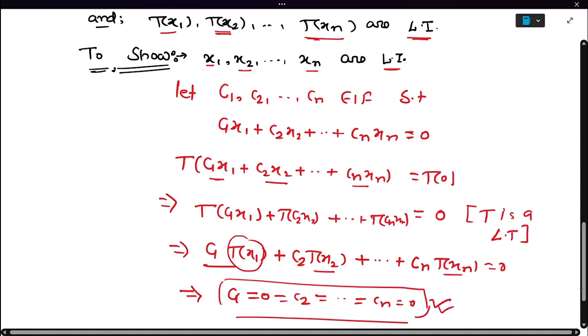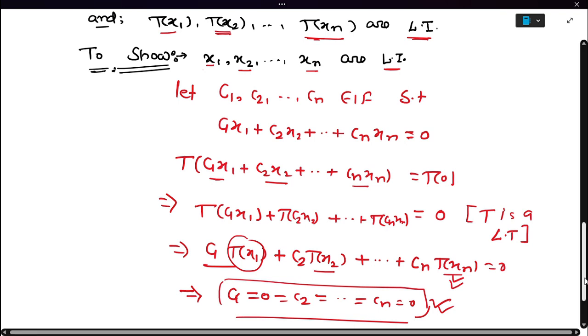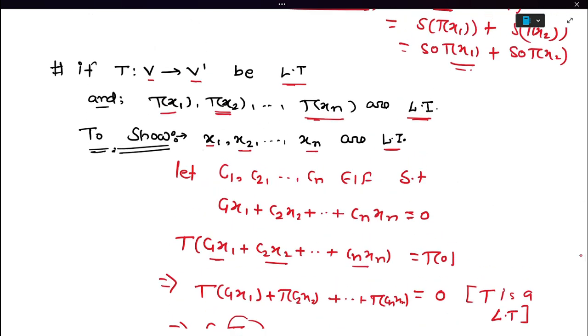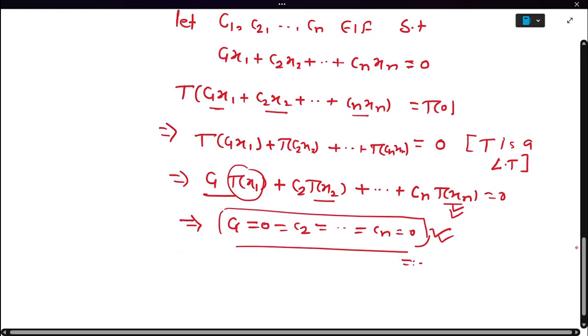This is true because T x1, T x2, dot T xn are linearly independent. This statement was given, so we can write c1, c2, cn equal to 0. And this is what we needed to prove for x1, x2, dot xn to be linearly independent. Thank you for watching this video.